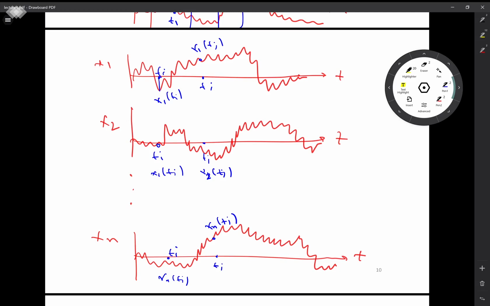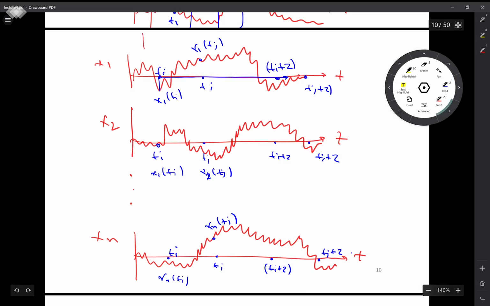That means you take a shift of this over tau. This point you take ti plus tau, this point ti plus tau, this point ti plus tau. Again you shift tj: you take tj plus tau, tj plus tau, tj plus tau. Now you have four sets of samples, and you calculate the autocorrelation among these two sets.